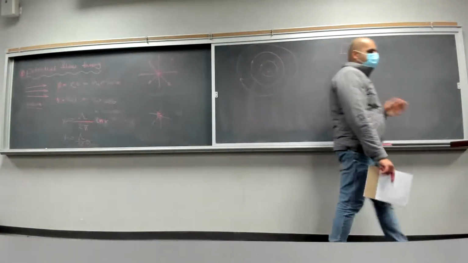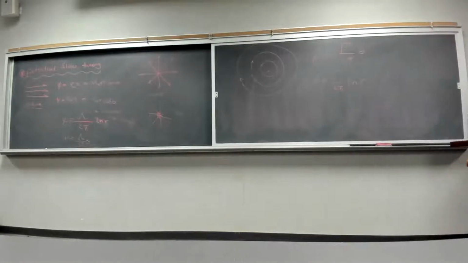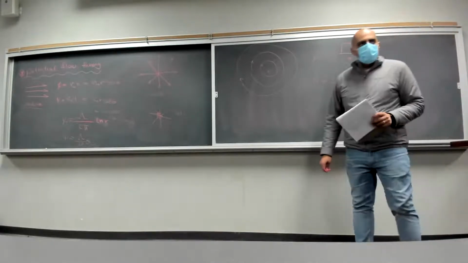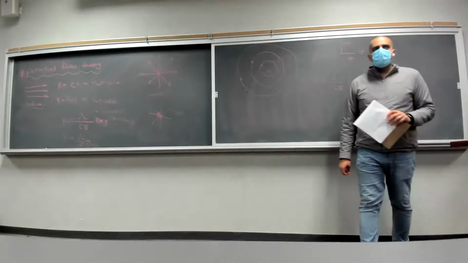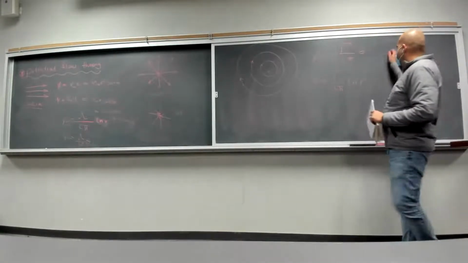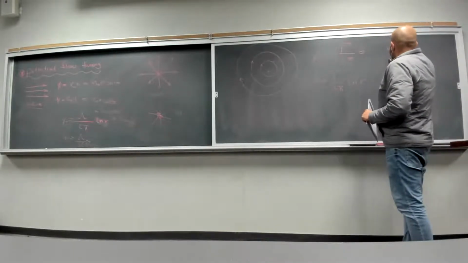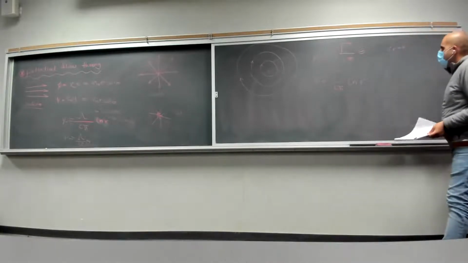So what are VR and V theta here? Based on what I just said, that the velocity potential and psi are reversed compared to the source and sink flow, what can we say about VR and V theta? VR is 0, exactly.